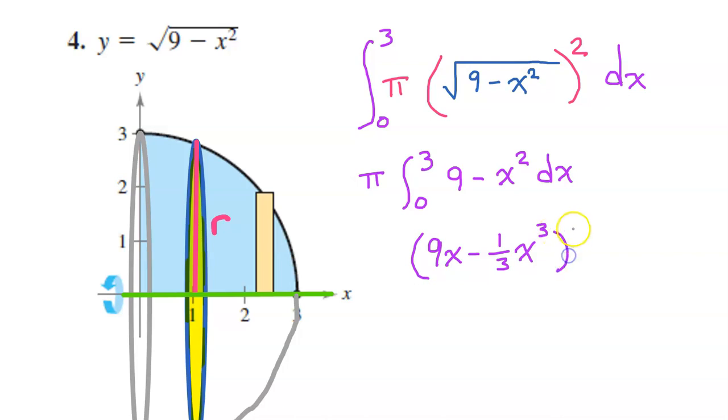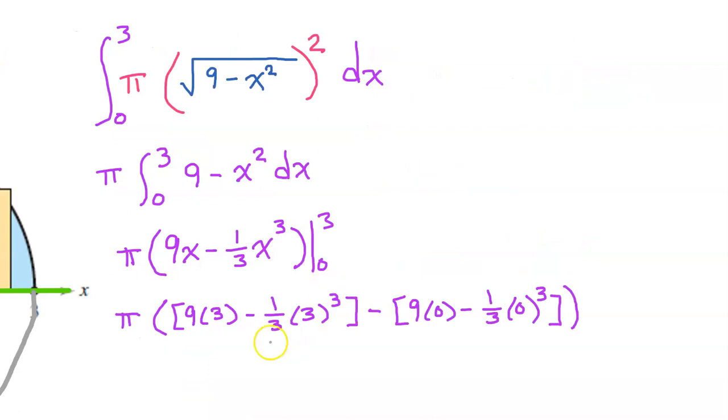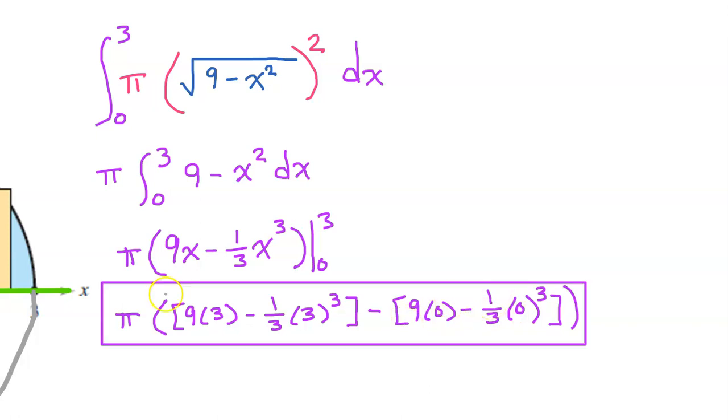Then we apply the limits of integration from 0 to 3, and don't forget about the pi that's out in the front. So we need to find the value at 3 minus the value at 0. I'm leaving the pi way out in the front, and then here's the value at 3 minus the value at 0. Of course, all of these 0 terms will disappear on the next step.